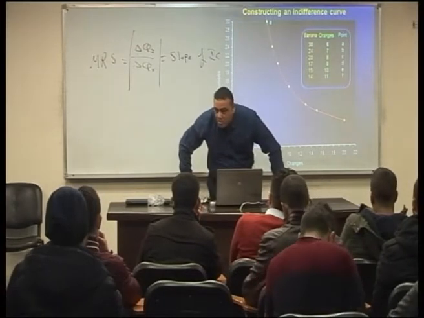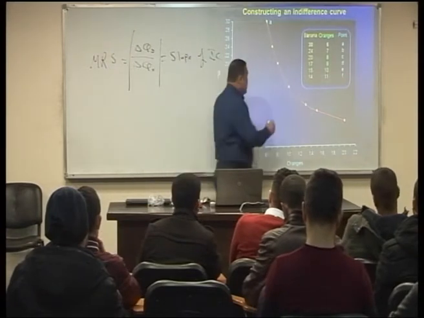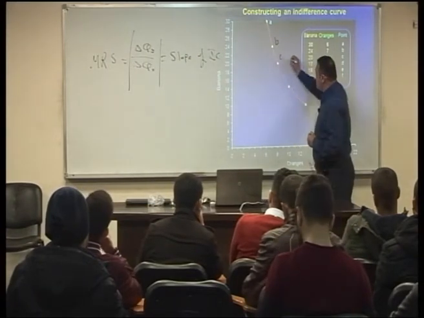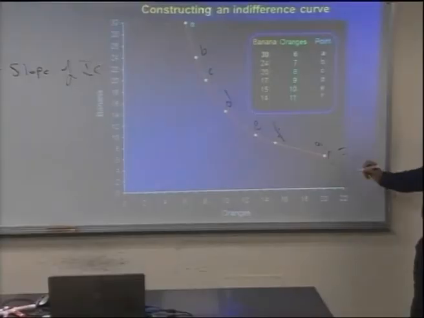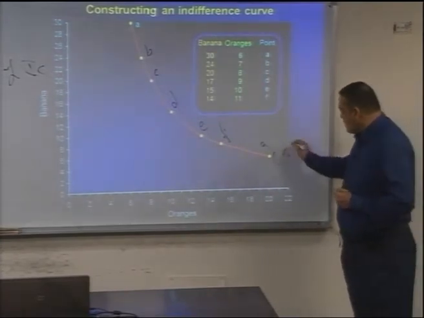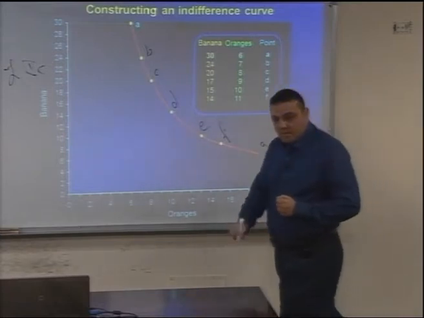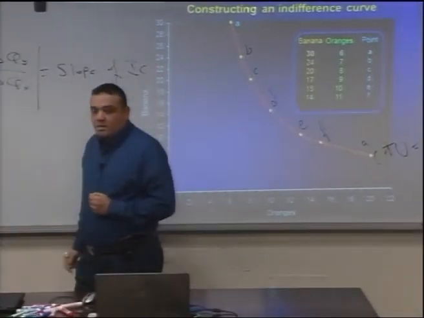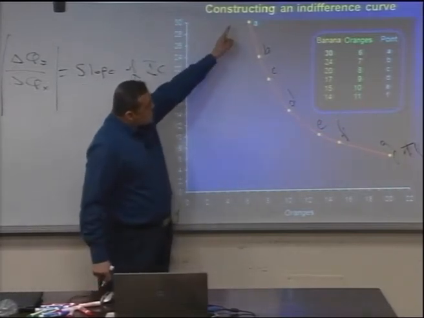the same total utility. Now, let us assume that each point A, B, C, D, E, F, G, all these points give the consumer the same total utility, TU equals 100 utils. Okay? What do you see here?